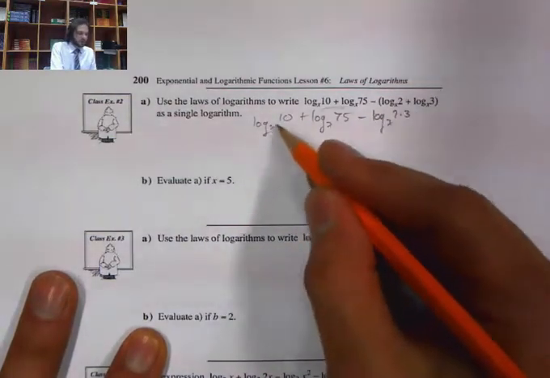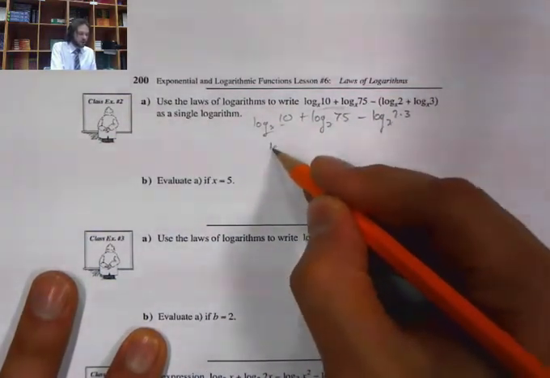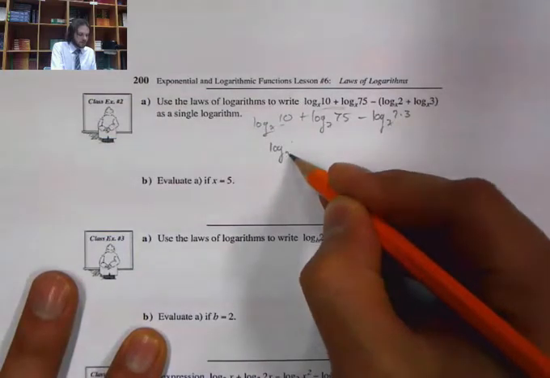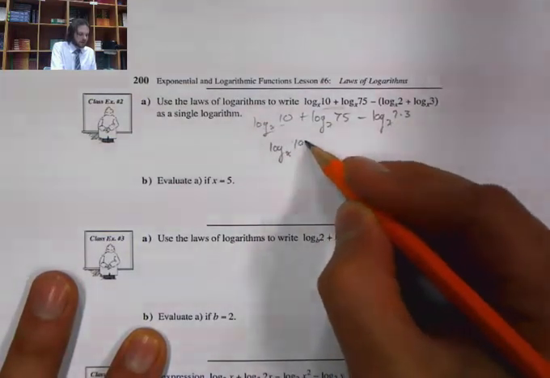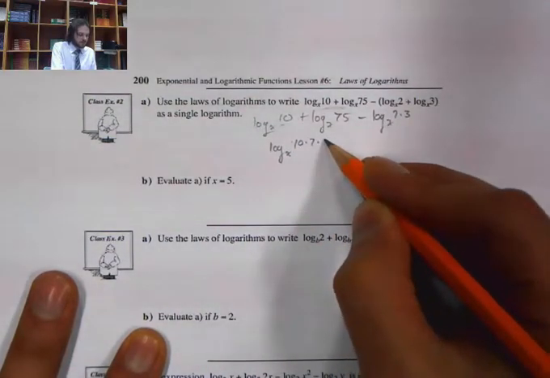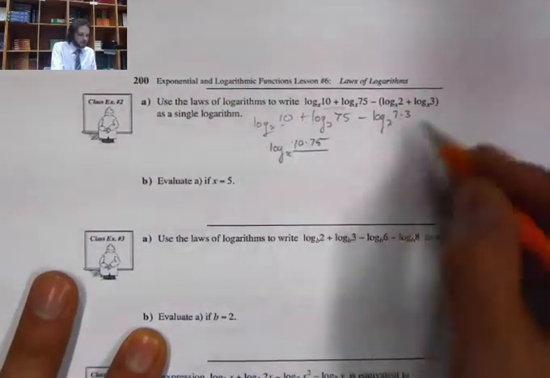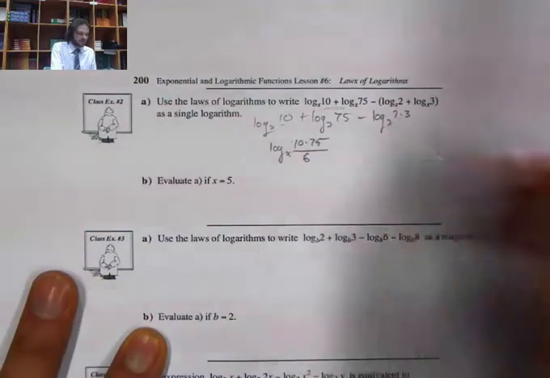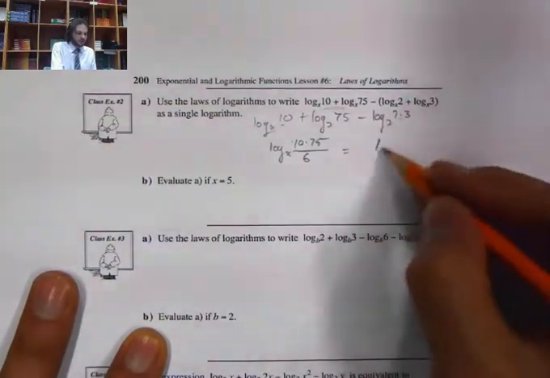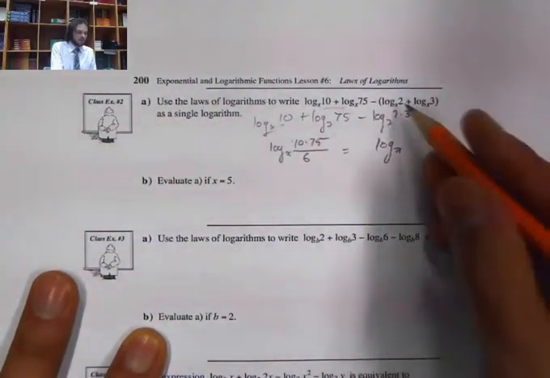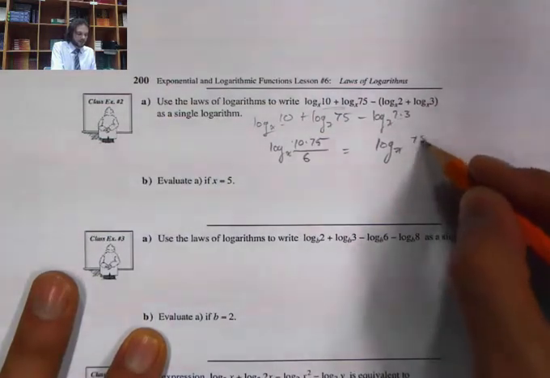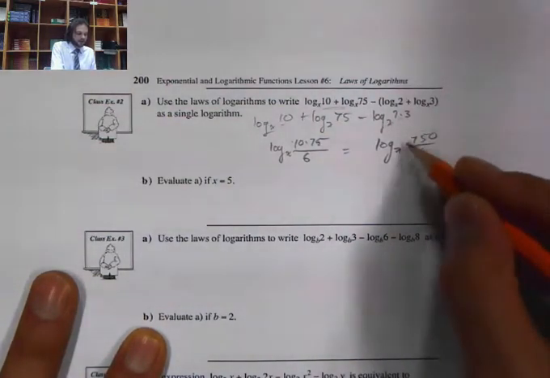Here I can multiply these, so I'm going to get log base x of 10 multiplied by 75, divided by, because subtraction, divided by 6. Which gives me log base x of 750 divided by 6.